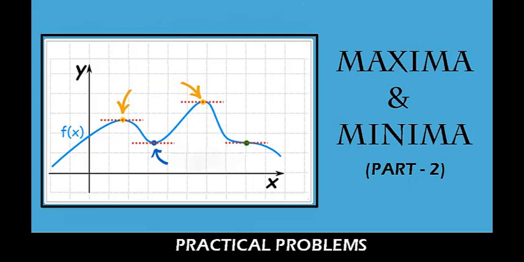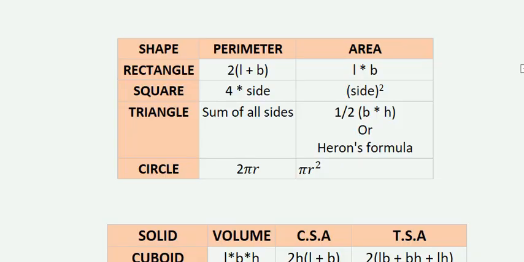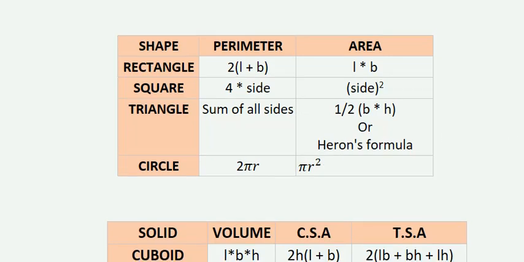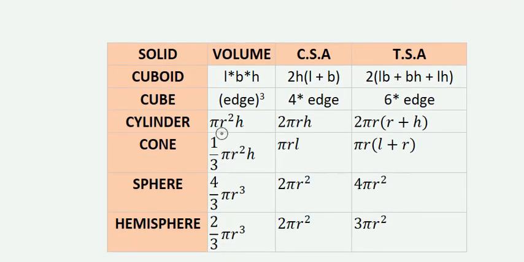Before going to the problems, I would like to tell you that you should know all the formulas of mensuration that you have already studied in your secondary classes. These are area and perimeter of a rectangle, area and perimeter of a square, triangle, circle. You all should know these.